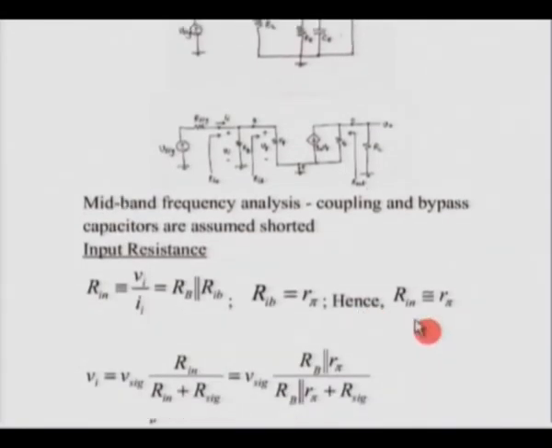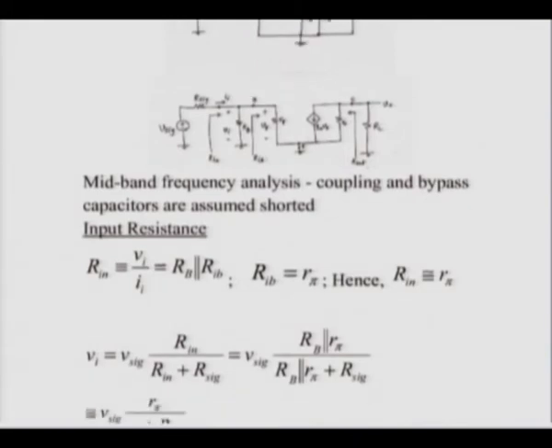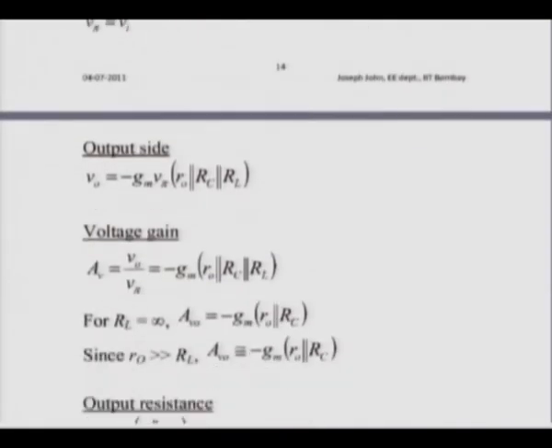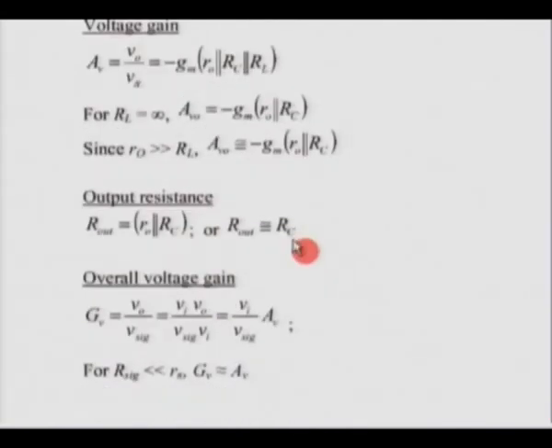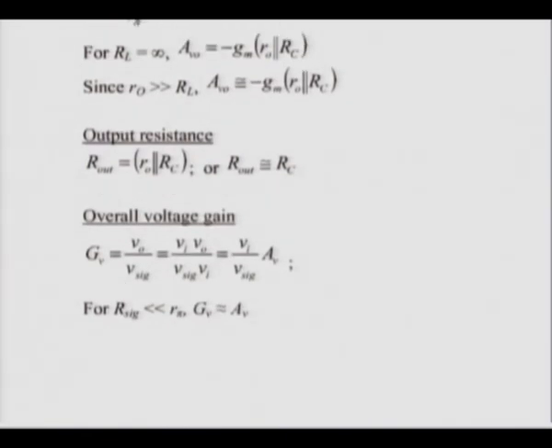The input resistance was quite small, r pi, about a few kilo ohms, whereas the gain was quite high, maybe about 100 or so, but the output resistance again was quite high. So the common emitter amplifier is not a good candidate as a voltage amplifier. It's ideally suited as a kind of post amplifier, and we also said we need to keep in mind the overall voltage gain in an application, where the signal source resistance needs to be much smaller than the input resistance.